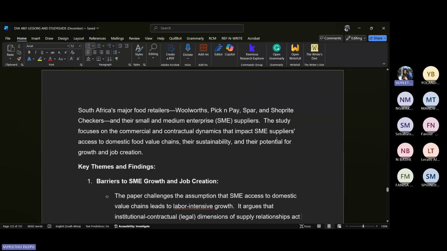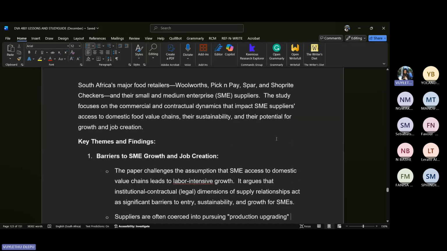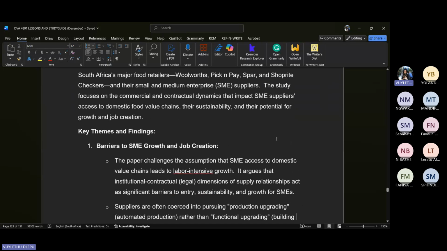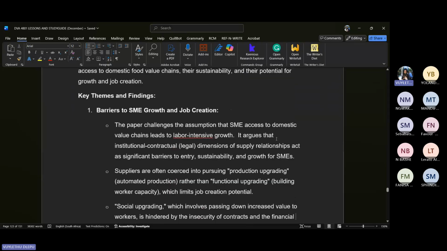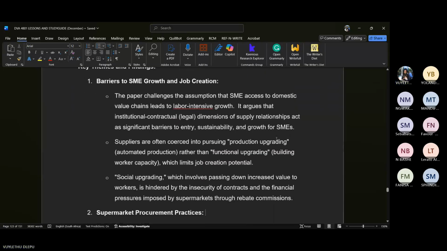The key findings: the barriers to SME growth and job creation. This paper challenges the assumption that SMEs' access to domestic value chains leads to labor-intensive growth, and it argues that institutional contractual dimensions of supply relationships act as significant barriers to entry, sustainability, and growth for SMEs.